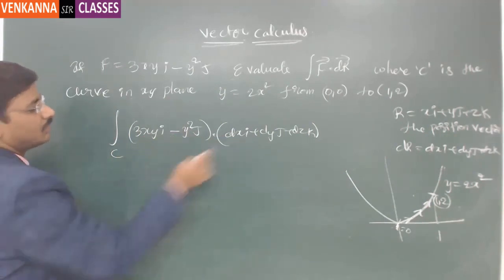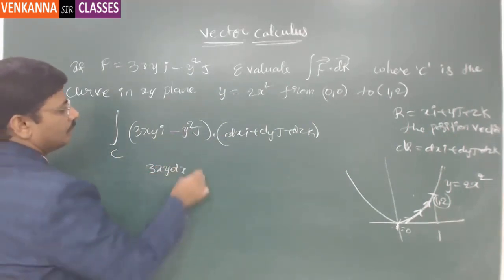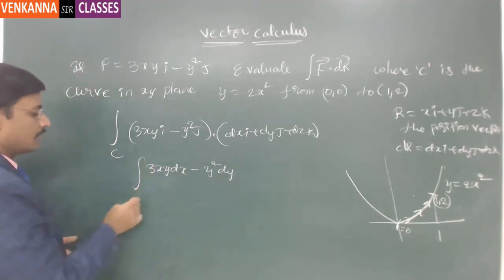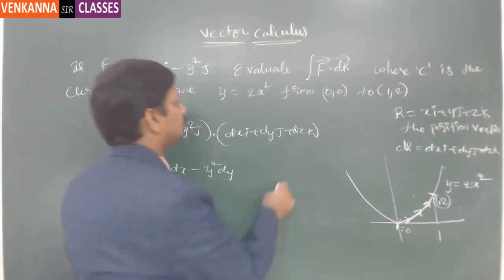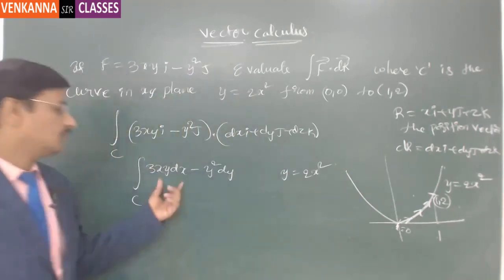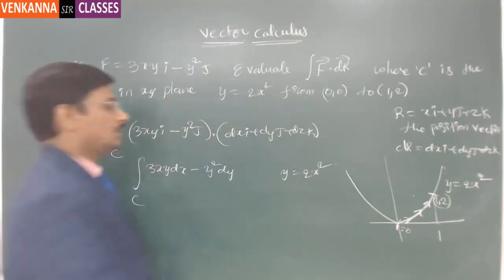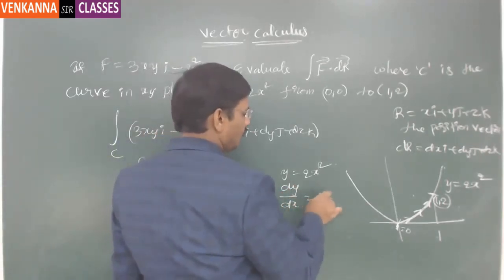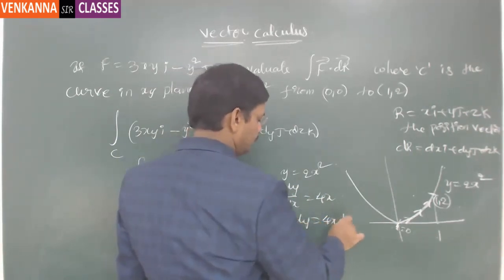To find the integral, first do the dot product. This is 3xy dx minus y square dy over the contour C. Now we have the relation y equal to 2x square, so wherever y is there, we can replace it with 2x square, and dy you can express in terms of dx: dy by dx is 4x, so dy is 4x dx.